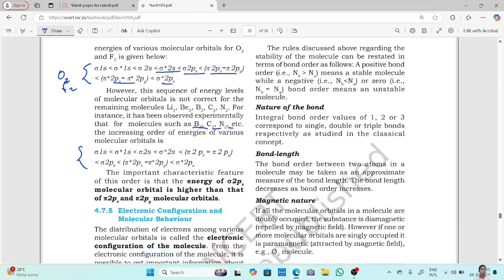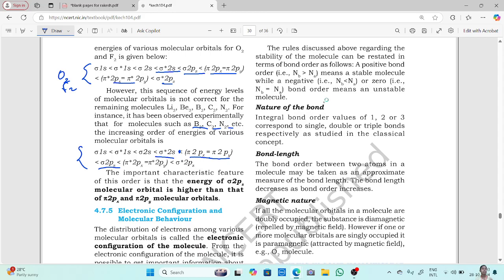Whereas for other molecules, you can see here that after the anti-bonding 2s orbital, you don't have the 2pz here. Instead of 2pz, what you have is your bonding 2px, 2py. After bonding 2px, 2py is your bonding 2pz, and the remaining continues as it is.